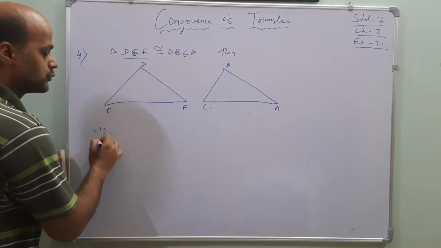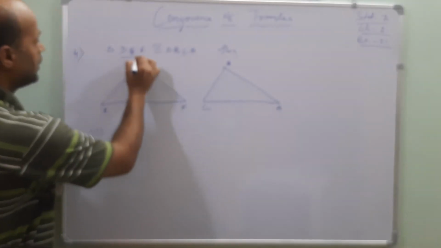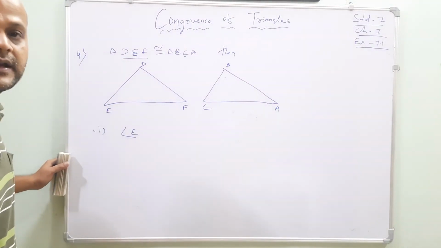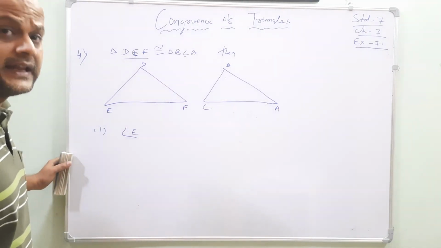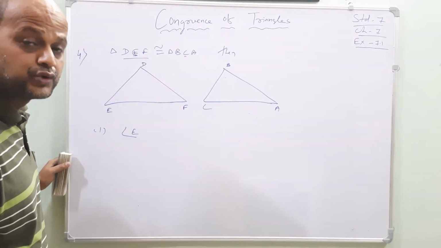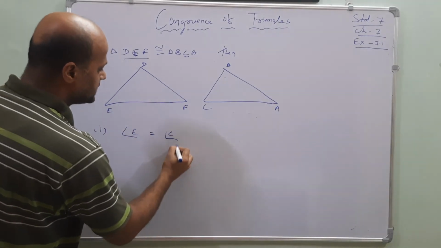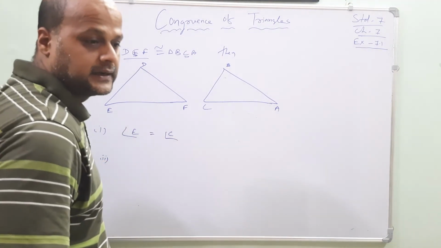First point, it is saying angle E. You know the angle is formed at E in triangle DEF. So automatically in triangle ABC, which one will be the corresponding one? Because the center one is C, you can write angle C. The second one is EF.